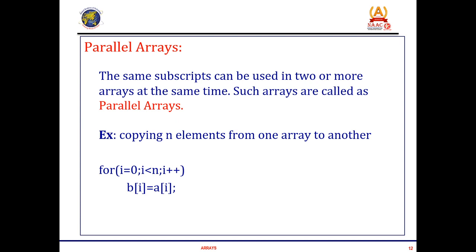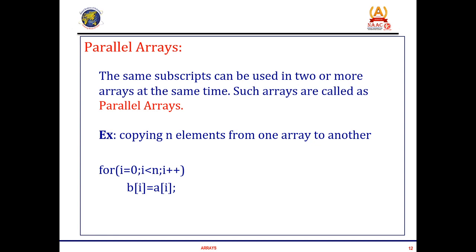I don't think I should give you an explanation about this. I have a for loop which says for i is equal to 0, i less than n, i plus plus, and I just say b of i is equal to a of i. I assume all other syntax is taken care of, even including the declaration statements. Now, when you look at this particular statement inside the for loop, that is b of i is equal to a of i, I am making use of two arrays.